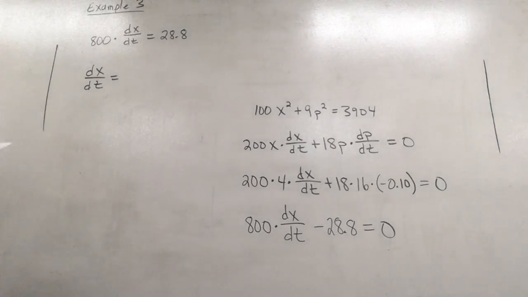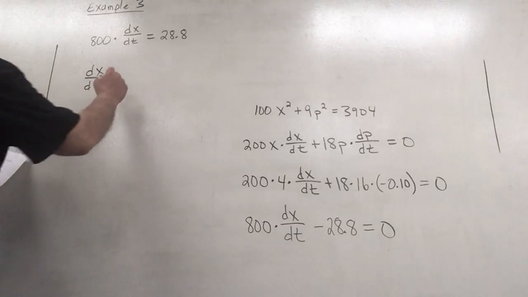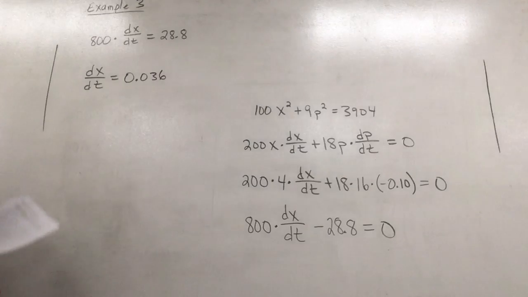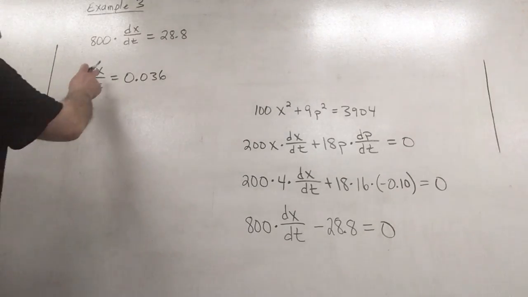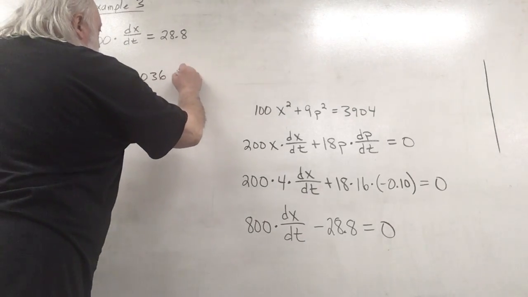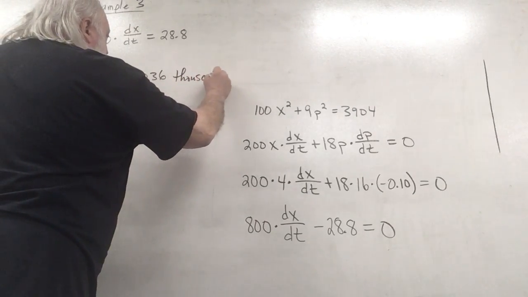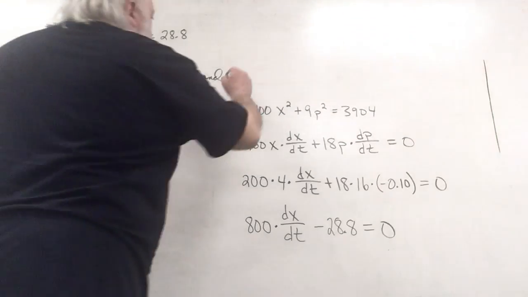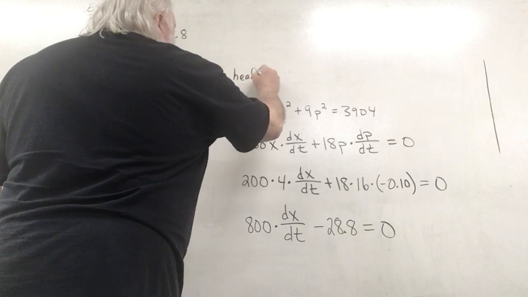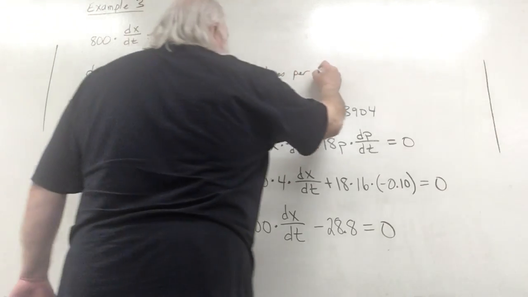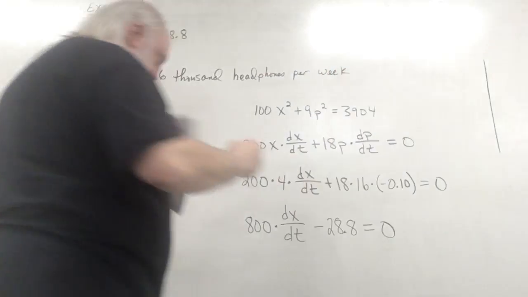The rate of change of quantity demanded with respect to time is equal to 0.036 something per something, right? Well, x is in thousands, so this is 0.036 thousand. What per what? 1,000 headphones per week.